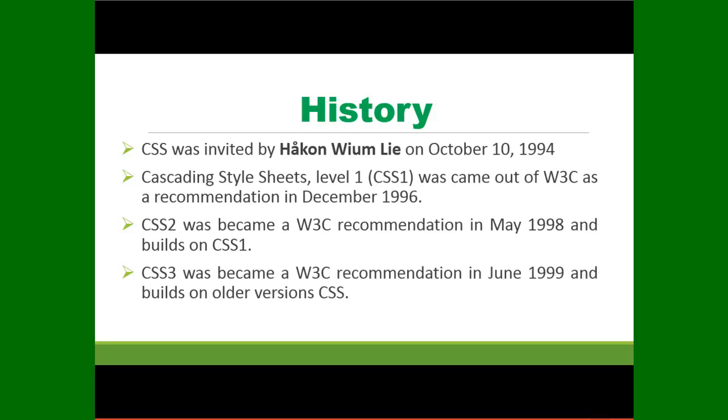And in the second step, CSS2 became a W3C recommendation in May 1998 and built on CSS1. In this version, CSS adds support for media specific style sheets such as printing and oral devices, downloadable fonts, element positioning and tables, etc. Next, in the third stage, CSS3 became a W3C recommendation in June 1999 and built on older versions of CSS.